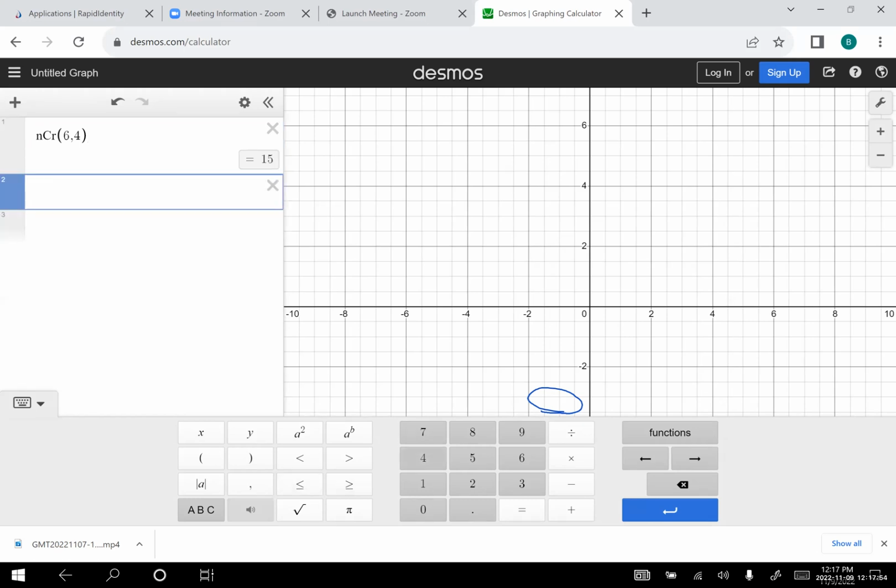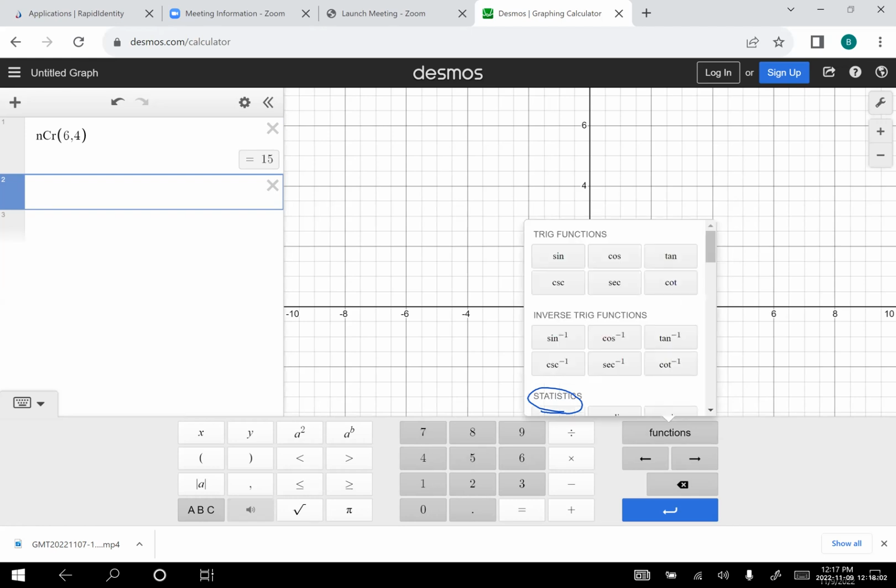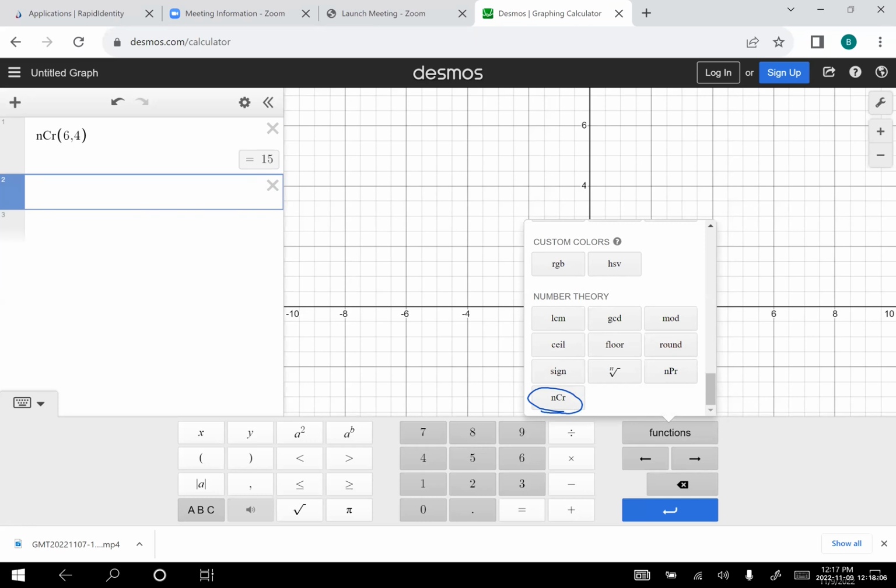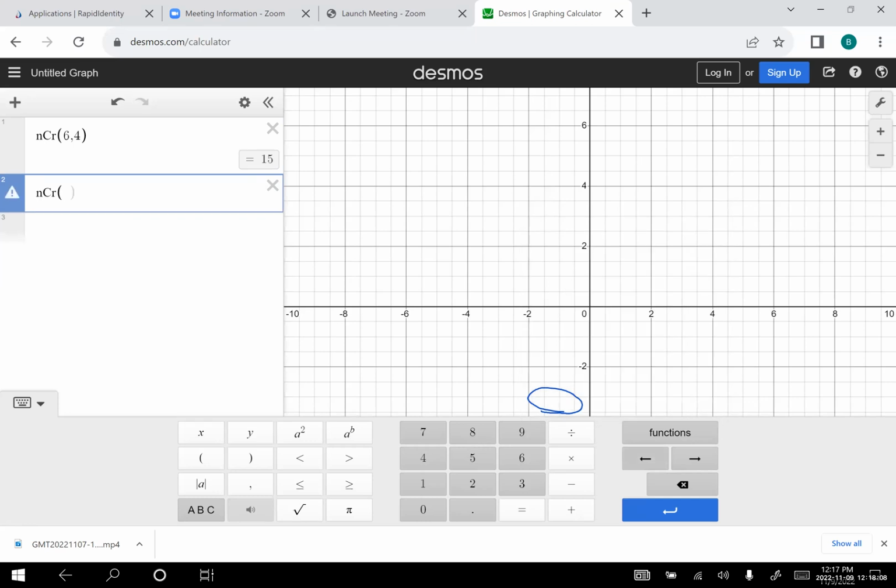Really comes in handy when you're doing something larger. You know, how many groups of 7, functions. Suppose I had 35 people in class and I wanted to put them in groups of 7.